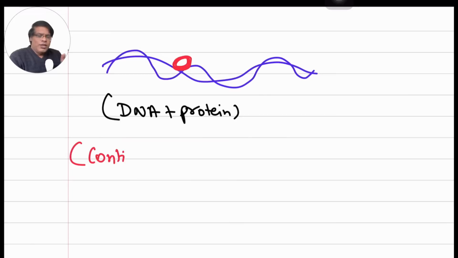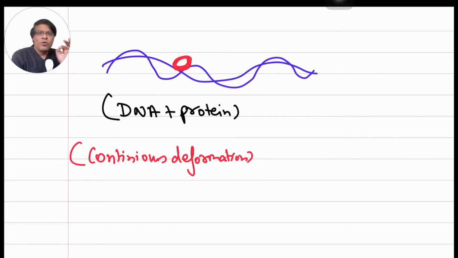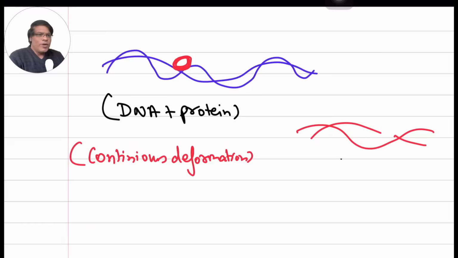The protein is going to interact with DNA and it is going to lead to continuous deformation. So many of the properties of DNA are not going to change. So all these properties of DNA which are not going to change under continuous deformation are known as topological properties.